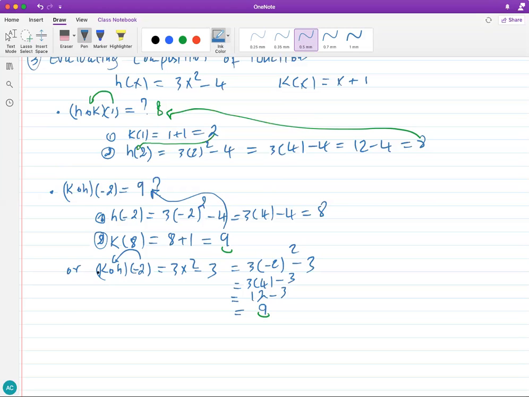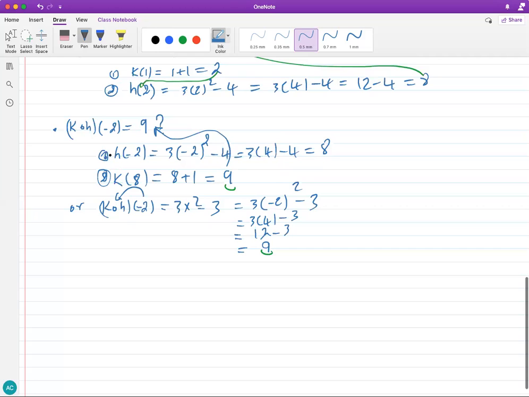If you prefer to do it this way, you want to find the composition first, that's fine. You can find it and plug that into that. Or you may do it in simple steps like these. This can be convenient because you don't have to actually find the composition of the functions.